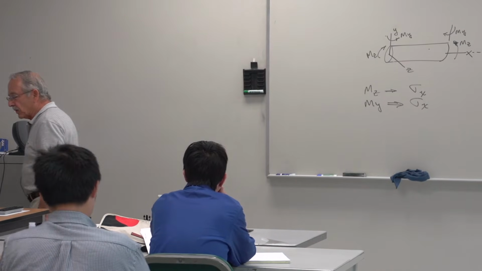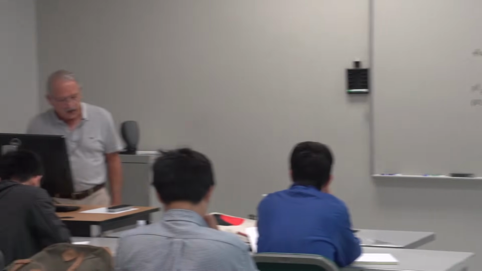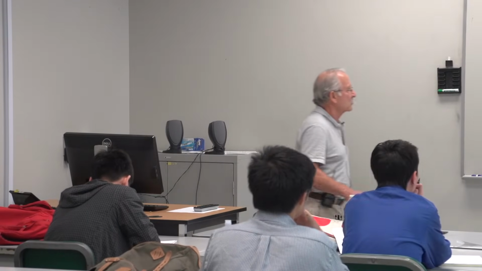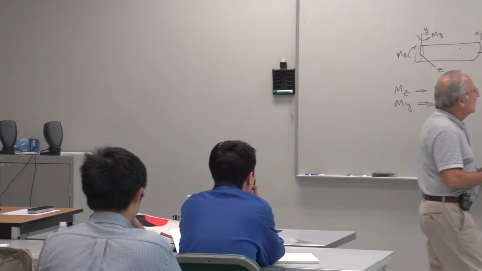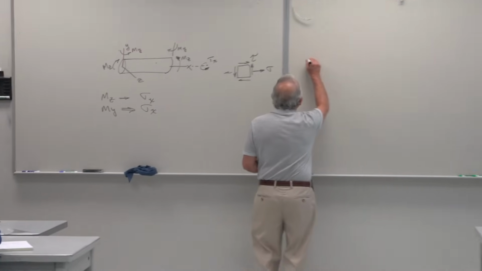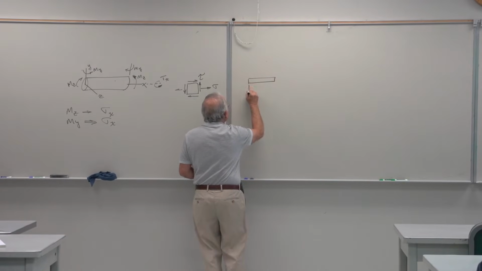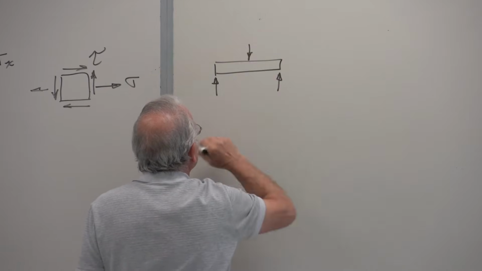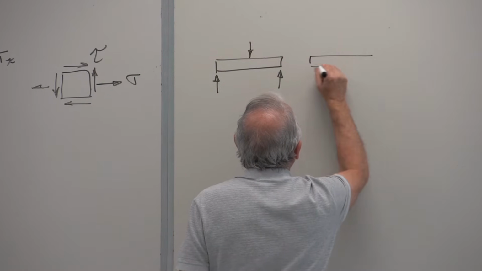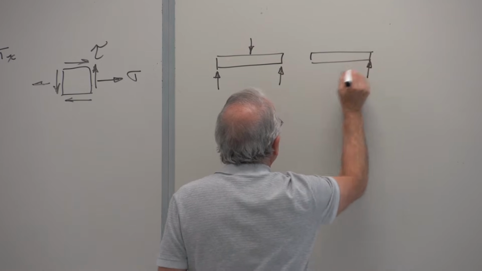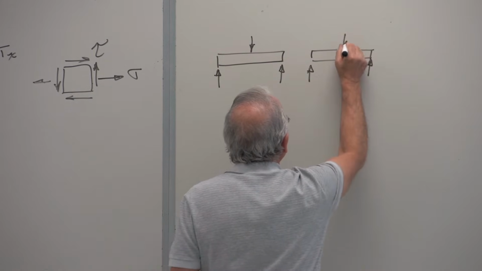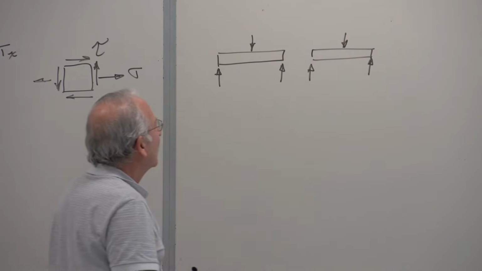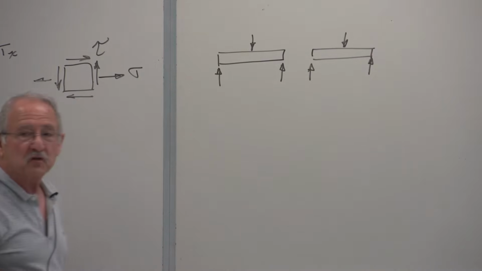So I just talked about slope and the deflection of shafts. Let me ask you this question. Let's say we have two beams, identical in dimensions, and they're both made of steel.